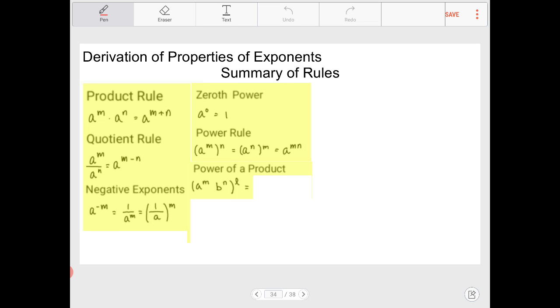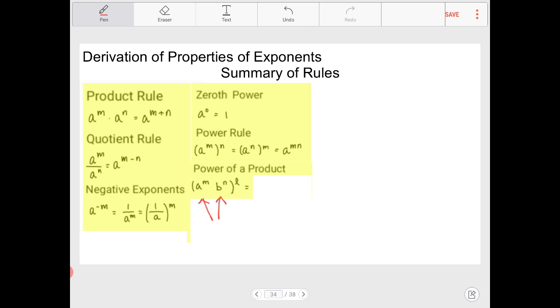Suppose I have this situation where now I have the power of a product, right? a to the m times b to the n, all raised to the power of L. What will become of this? How can we re-express this? If you combine the ideas of the power rule with that of the product rule, but in this case we don't have the same base, right?